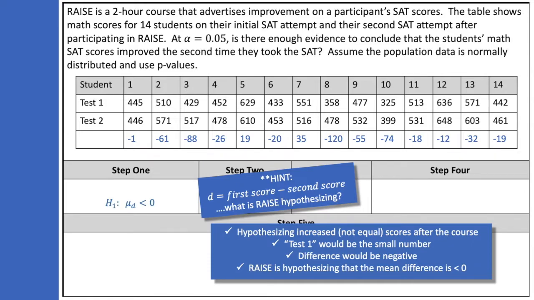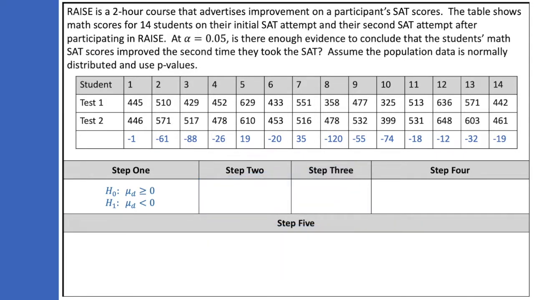The mean difference is less than 0. Our null hypothesis is that the mean difference is greater than or equal to 0. We're doing a 0.05 significance level, t-distribution, left-tailed test. If p is less than 0.05, we'll reject the null. If p is greater than or equal to 0.05, we'll fail to reject the null.